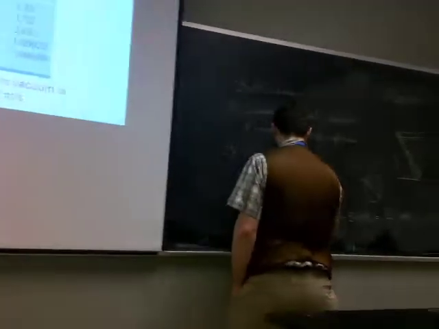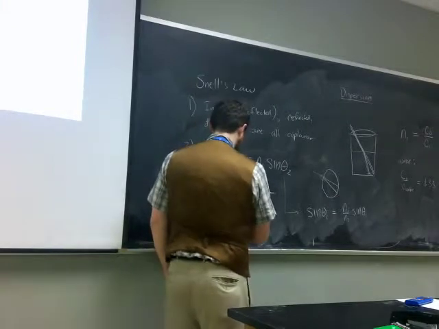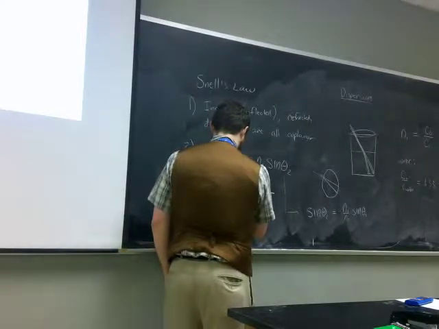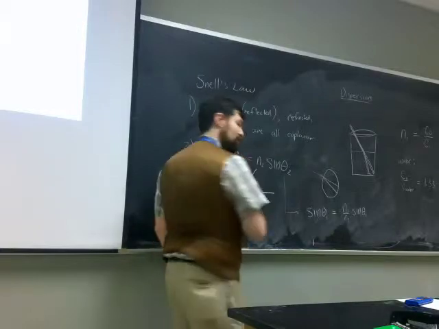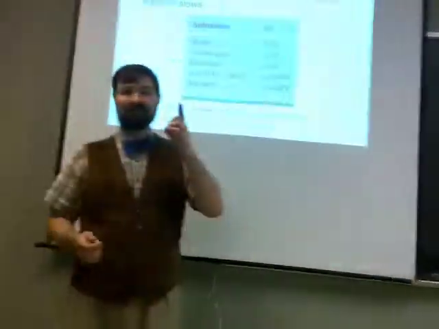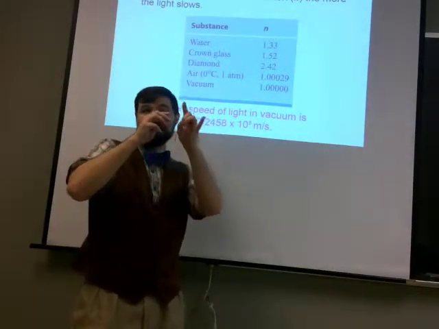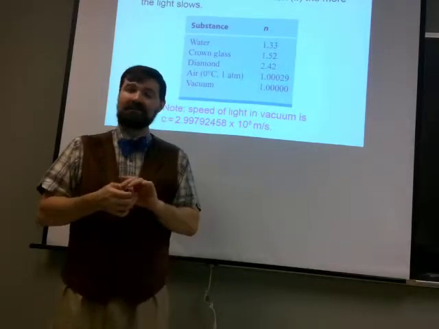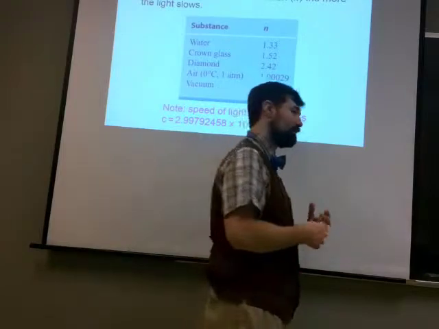So maybe this one right here is air, and this one right here is water. In other words, we're looking at a ray of light that's already in the water and it's approaching the surface of the air and it's going to refract into the air. We want to know what angle it refracts at.